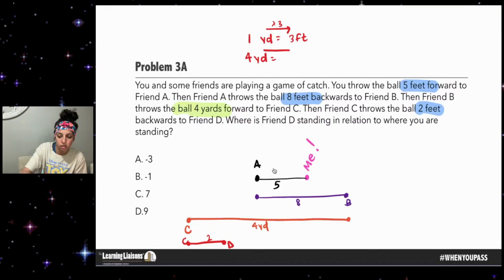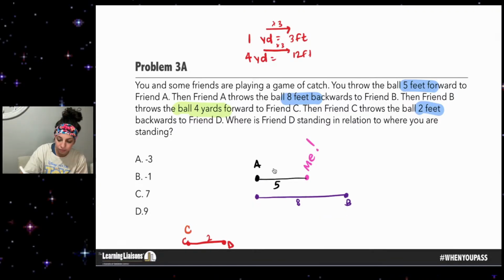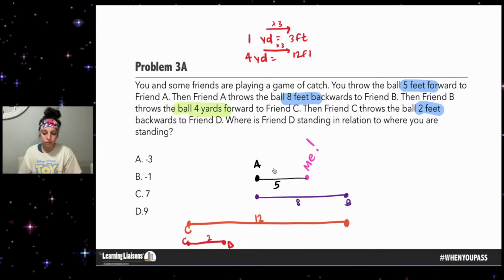So to get from 4 to feet, I'm going to multiply by 3, which is 12. So instead of 4, I'm actually going to replace that with a 12.